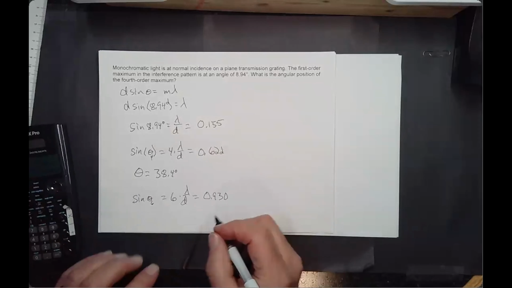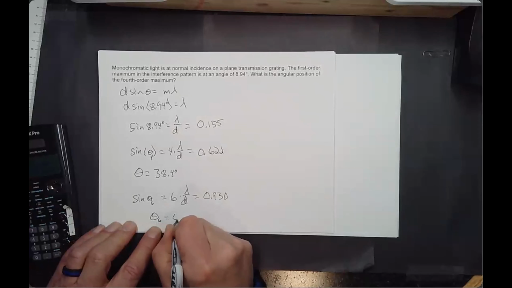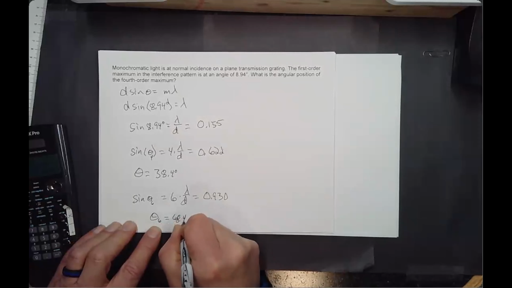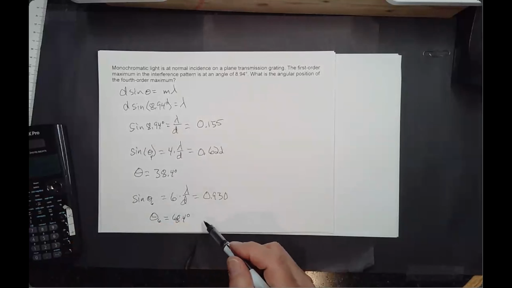This would be out at theta sub 6 will be out at 68.4 degrees. So we could go out that far, but that's it. I would not be able to see anything beyond that.